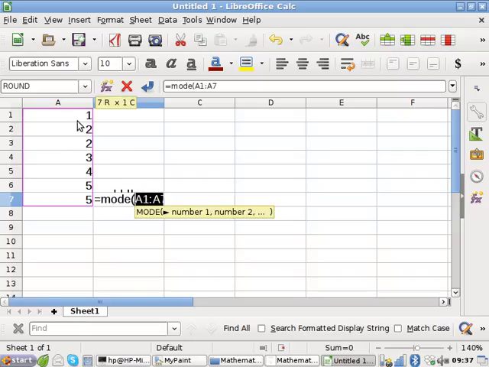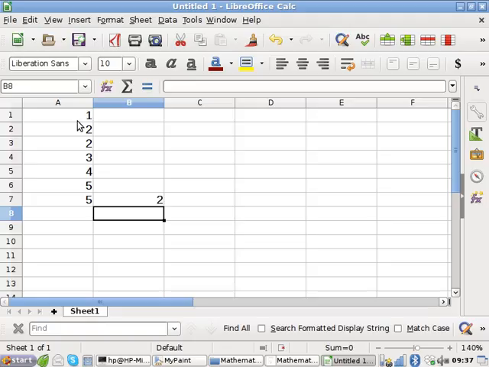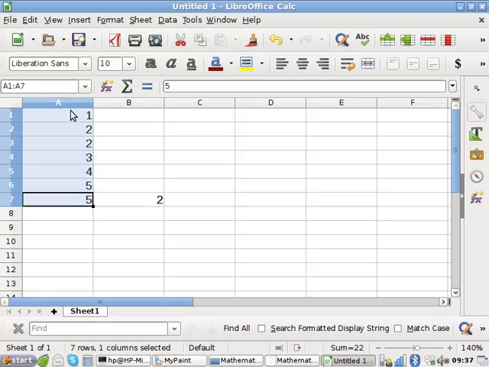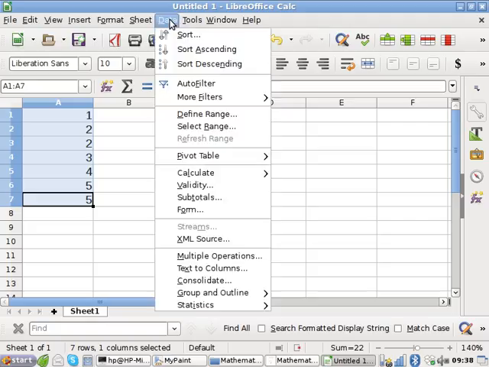It really shouldn't give me an answer, but I feel like it will give me 2 or 5. It'll give me 2. Yeah, the first one it came across, which means if I just reorder this, it shouldn't change the answer because it's still the same data.